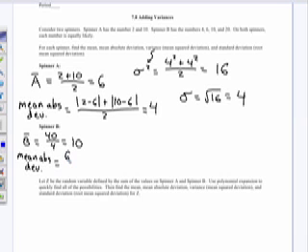And then 6 is 4 away from 10. And 10 is 0 away from 10. And 20 is 10 away from 10. So we end up with 20 divided by 4, which is 5.